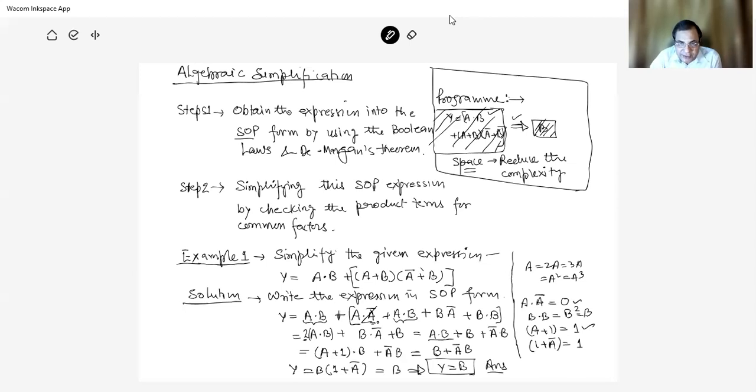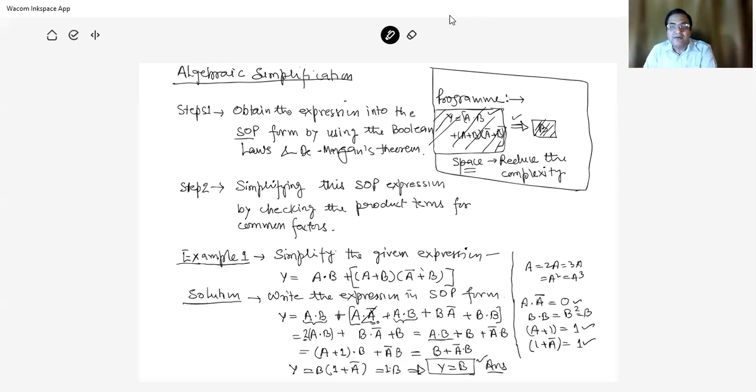So the expression is B plus A bar dot B, again B taken common, which gives 1 plus A bar. This 1 plus A bar is 1. So B dot 1 implies Y is equal to B.